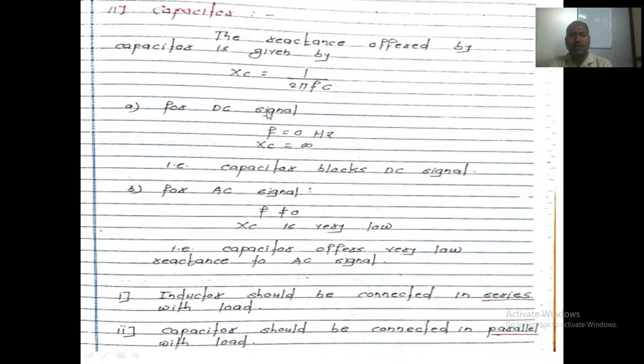So the capacitive reactance has infinite impedance in case of DC, right? So DC is not passed by this capacitor, DC is blocked by this capacitor, due to this equation.